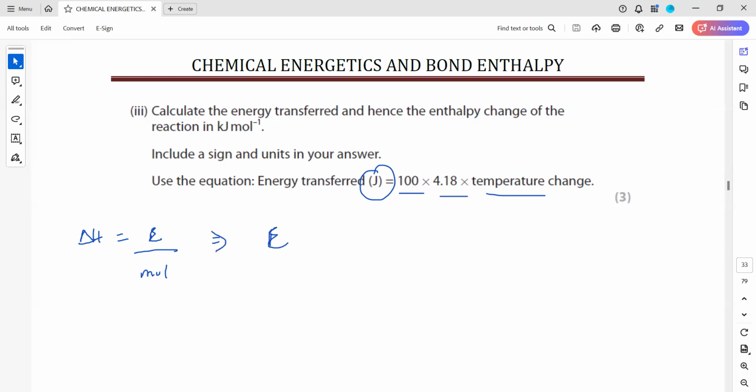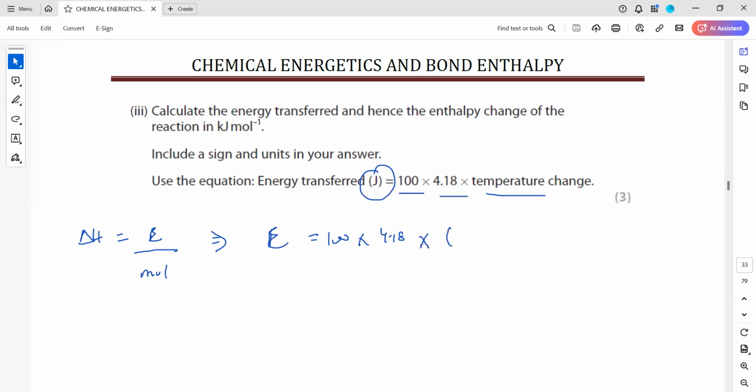First, we'll get the energy E. So it will be 100, because that is the volume of the water or solution, times 4.18. What is our assumption here? Our assumption is that the specific heat of the solution is the same as the specific heat of water.